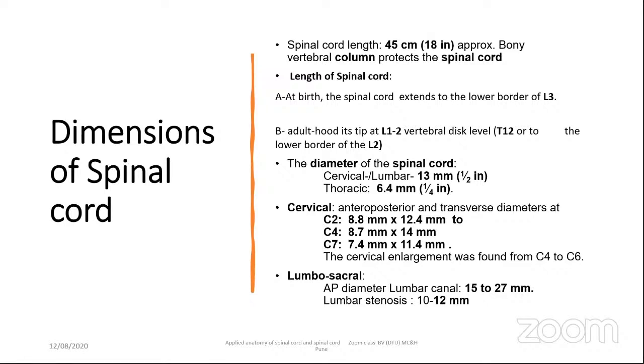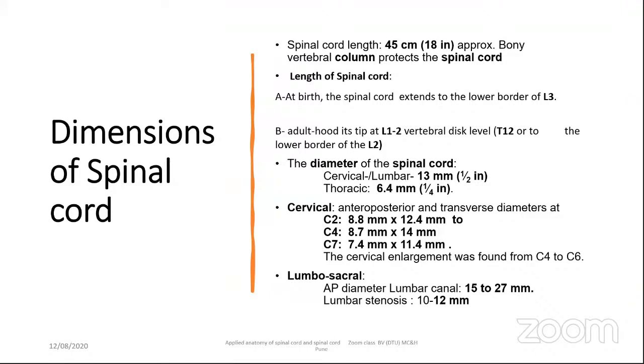The diameter of the spinal cord at the cervical and lumbar regions, where the plexus are formed, is 13 millimeters, or half an inch. And the thoracic cord is 6.4 millimeters, 1/4 inch. The anteroposterior and transverse diameters at C2 are 8.8 by 12.4, that is almost 1.2 centimeters.